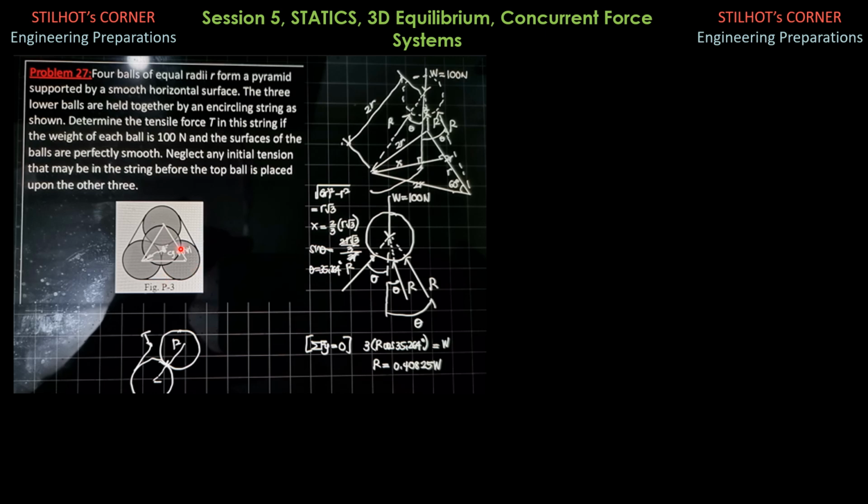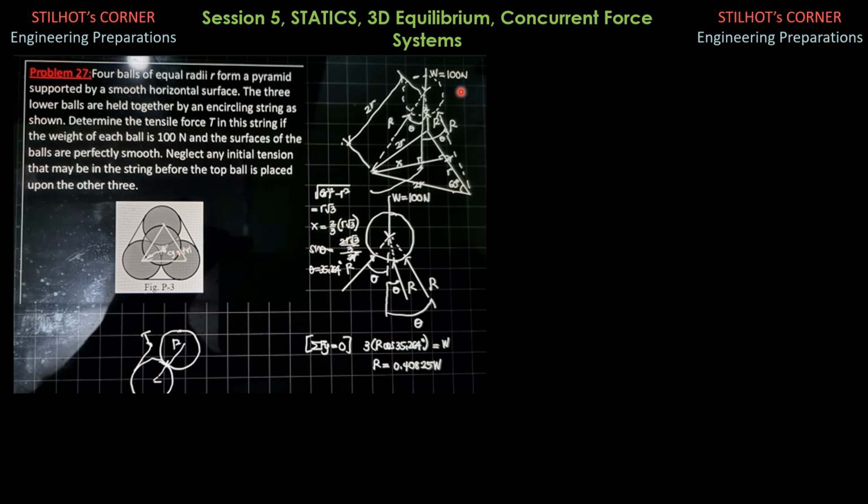So the analysis is we first analyze this upper ball, and there will be 3 points of contact. The points of contact are symmetrical, therefore the angles that the reactions at those points of contact make with the vertical would be equal.